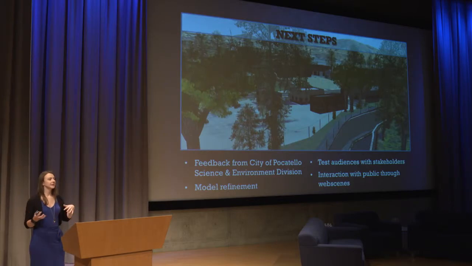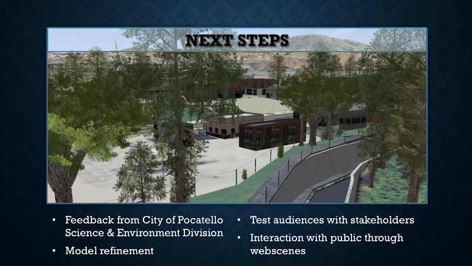So after creating this vision of the future that we've kind of been able to coalesce from all of these different viewpoints, our next steps are then to get feedback from the city of Pocatello and probably go through several more iterations of our model.